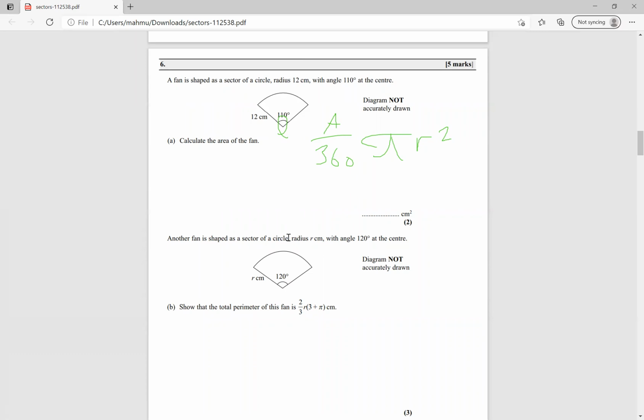So it's just 110 over 360, which is 0.305, times 3.14. Times pi, I mean, no, times radius, which is 12. 12 squared is 144.